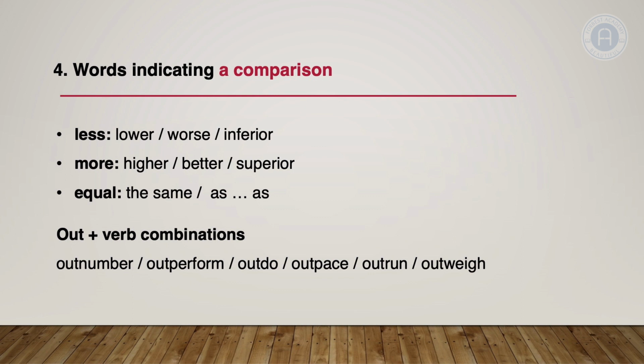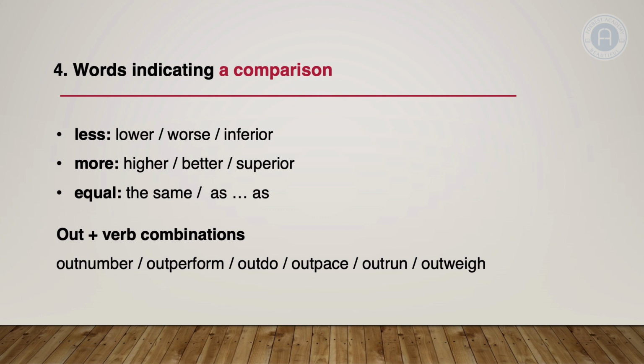But if there's not a comparison, then that item is definitely going to be not given. So, two issues when compared could give us an idea whether one of them is less, lower, worse, or inferior than the other, or one of them is more, higher, better, or superior than the other.